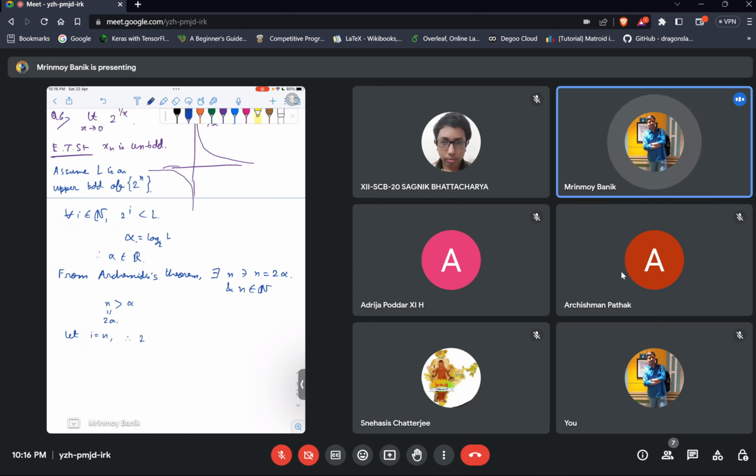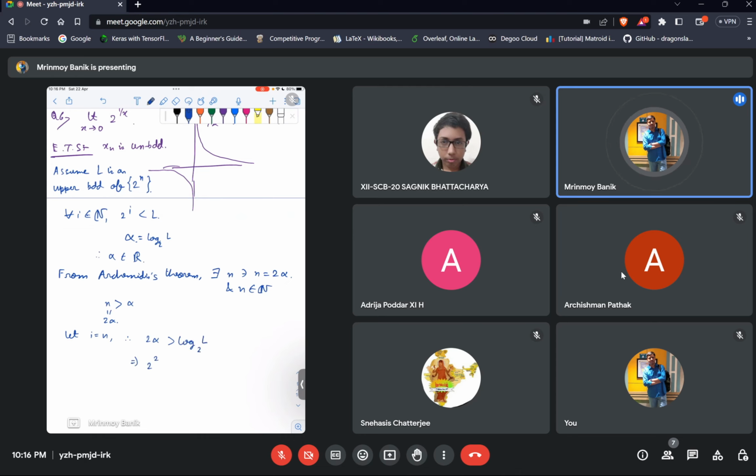Therefore, twice alpha is greater than log L base 2.